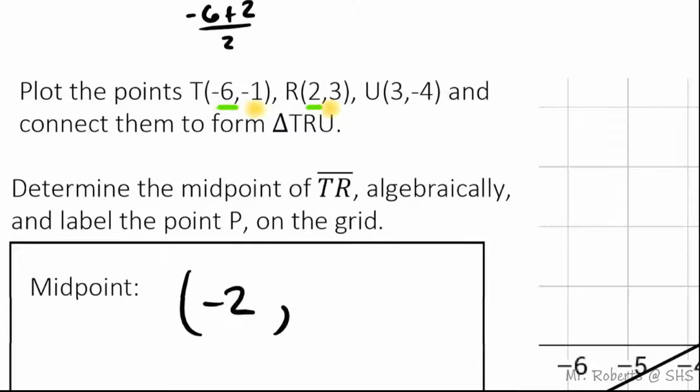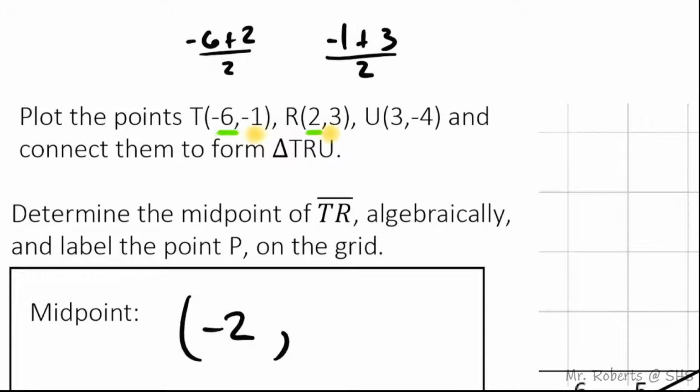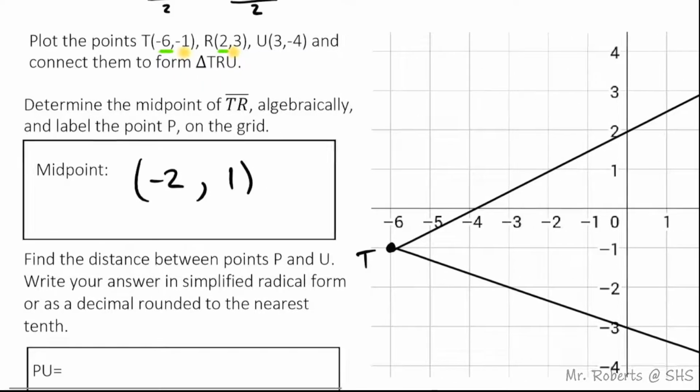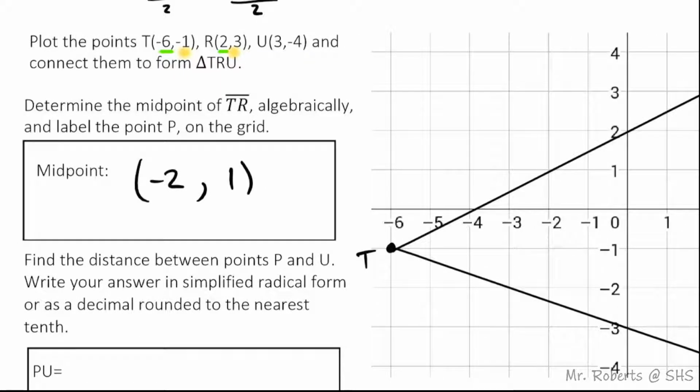And then for the y's, I've got -1 plus a 3, and I'm going to take half of that. So that ends up being 2/2, which is 1. So my midpoint, I believe, is the point where x is -2 and y is 1. So that looks pretty convincing.